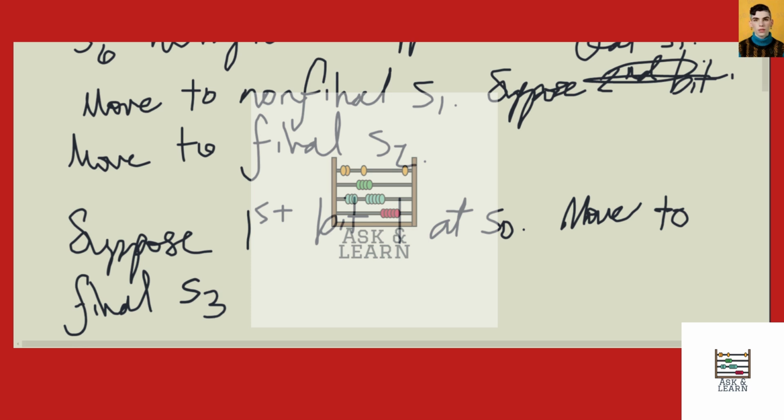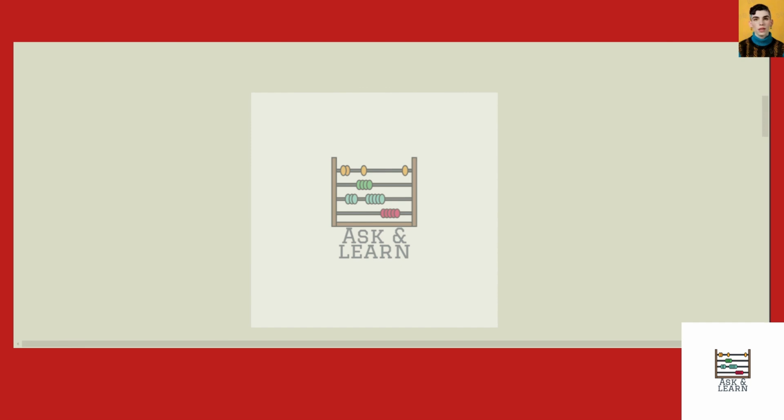Now in part C, we're given that the language is the set of all 1 to the n, where n is equal to 2, 3, 4, and so on. Now, in the previous exercise, all the strings that shouldn't be recognized ended up in the non-final state S2, except for the empty string.